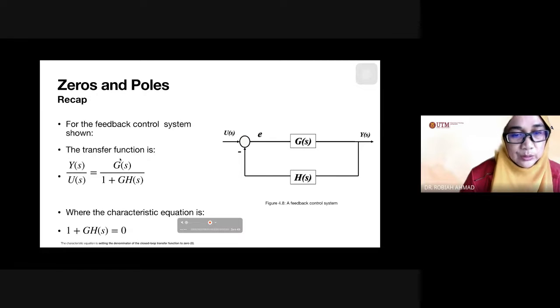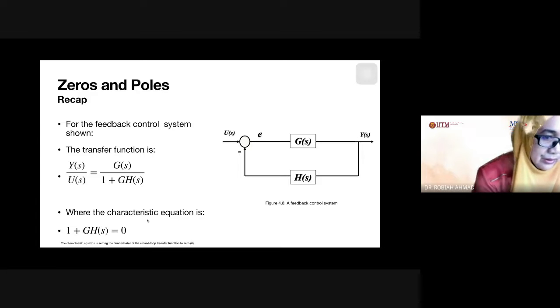The numerator is the upper fraction and the lower fraction is the denominator. If we have a transfer function like this, the characteristic equation is obtained by setting the denominator of the closed loop transfer function to zero. By setting 1 plus G(s)H(s) equal to 0, this is called the characteristic equation. So this is the starting point.